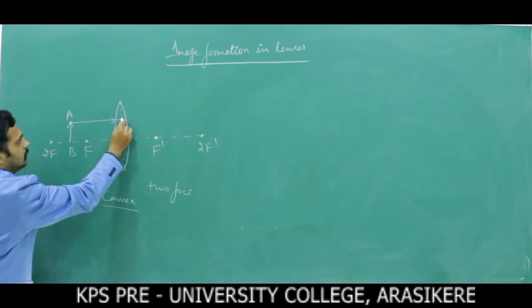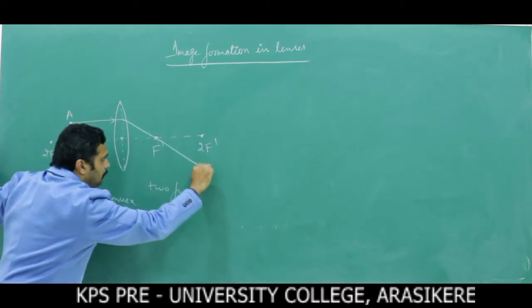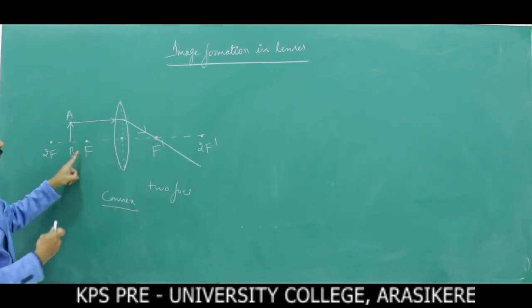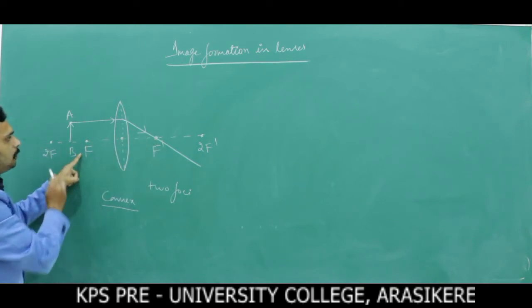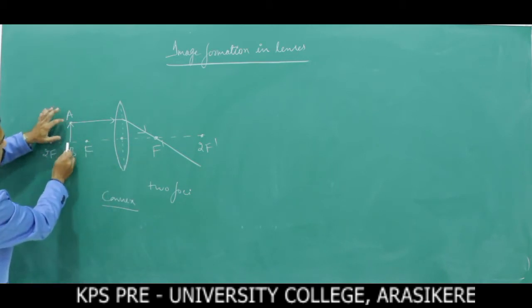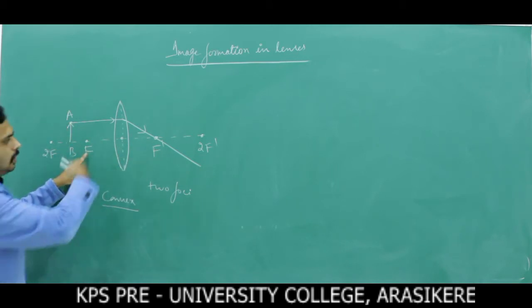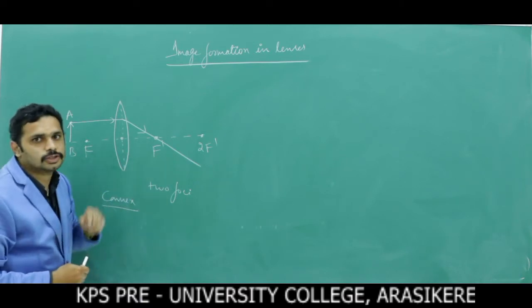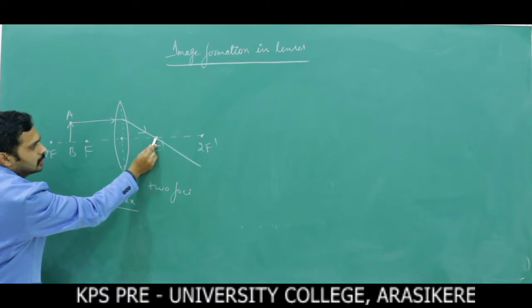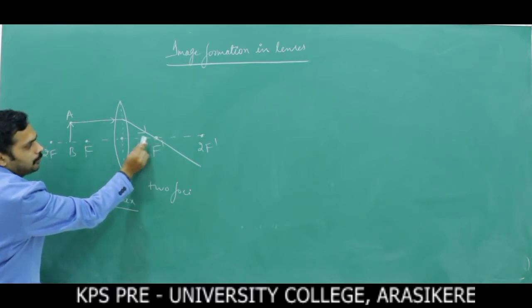After refraction, the refracted ray passes through the focus on the other side. This is the first focus point and this is the second focus point. After refraction, the refracted ray passes through the second focus point.